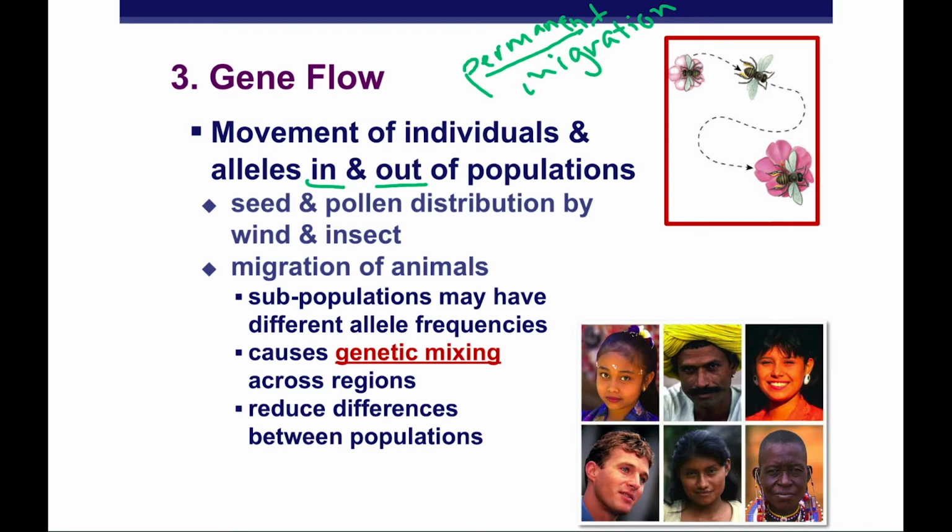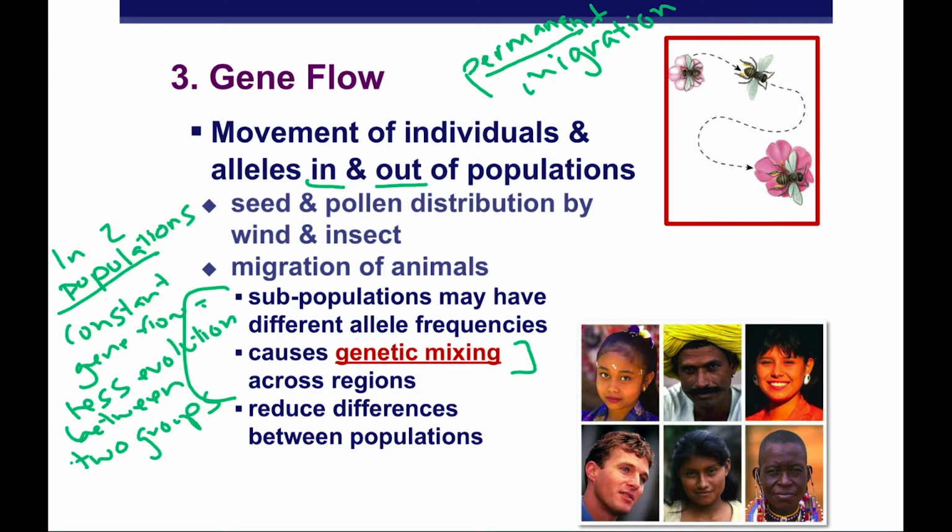If your two populations are constantly intermixing and interbreeding and moving around, it can't cause evolution in this case because there's too much genetic mixing. So constant gene flow will actually lead to reduced evolution, okay? At least reduced evolution between two groups. But stable migration, when one organism leaves and goes to another, will lead to changes.